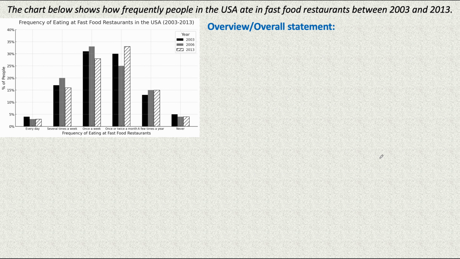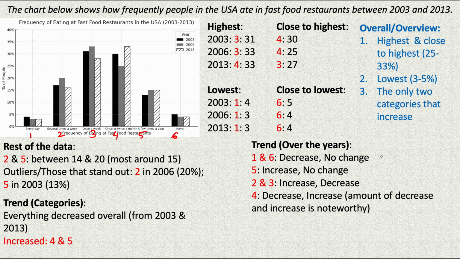After paraphrasing, we work on the overall statement. This statement needs to tell what is happening in the graph as a whole. You don't need to include any detailed numbers or comparisons in this part. This becomes especially tricky when we have a lot of data like we have in the graph we are working on. So we refer back to our planning.